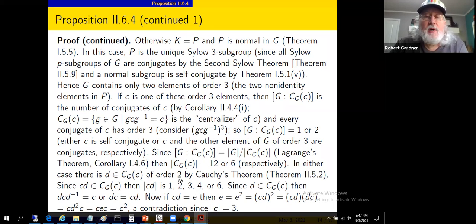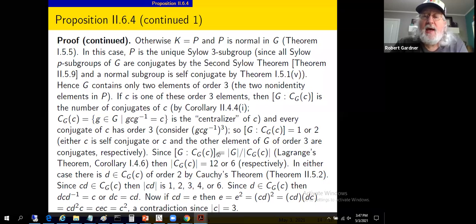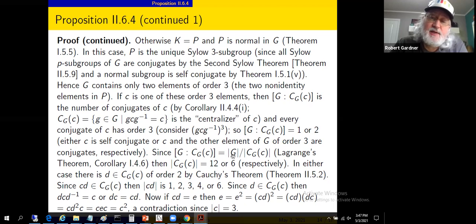Since the index is 1 or 2, and the index is the order of G divided by the order of the centralizer, and the order of G is 12, the only way this quotient can be 1 or 2 is when the denominator, the cardinality of the centralizer, is either 12 or 6, respectively, to produce an index of 1 or 2, respectively.